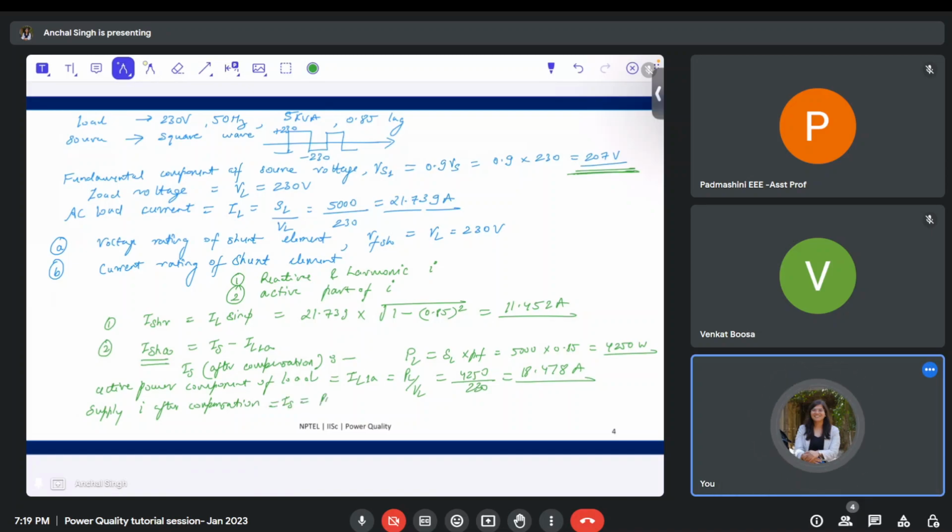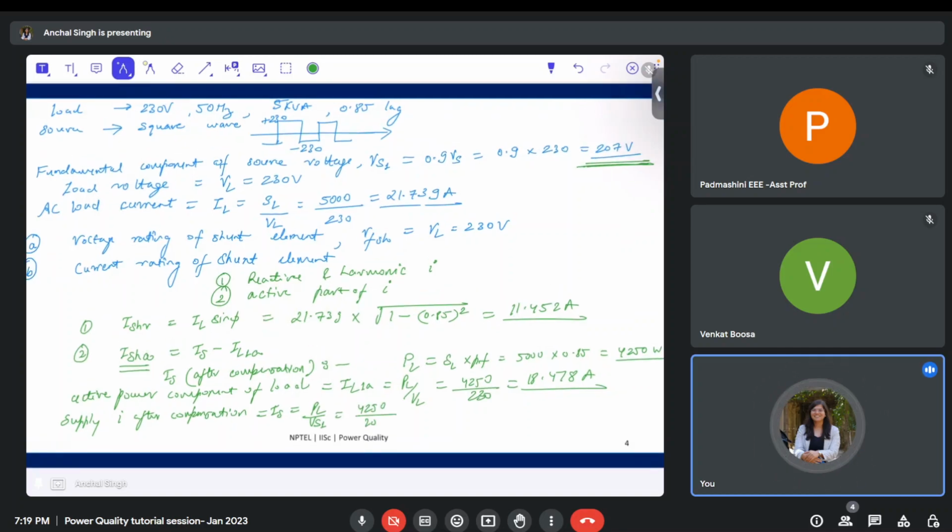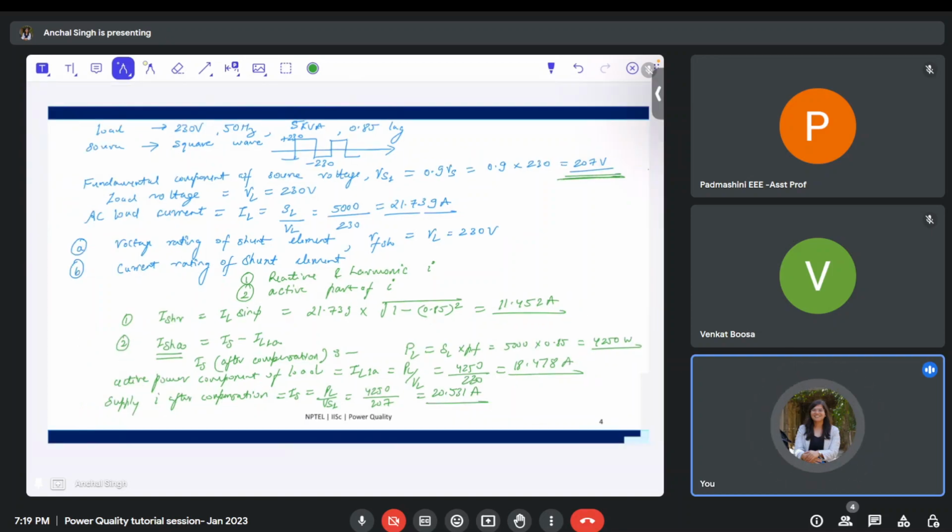It will be equal to PL by VS1, VS fundamental. Why fundamental? Because my series filter will take care of the harmonics, so only the fundamental component of source voltage will be supplied by the source. So this will come out to be 4250 by 207 volts, which is 20.531 amperes, right?